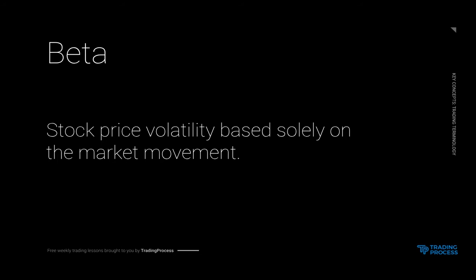But let's assume that we have another stock that has a beta of 1.5. This means that this stock is more volatile than the stock market itself. So if the stock market moves 1 point up, this stock will move 1.5 points up. And if the stock market comes down 1 point, this stock will also come down 1.5 points.